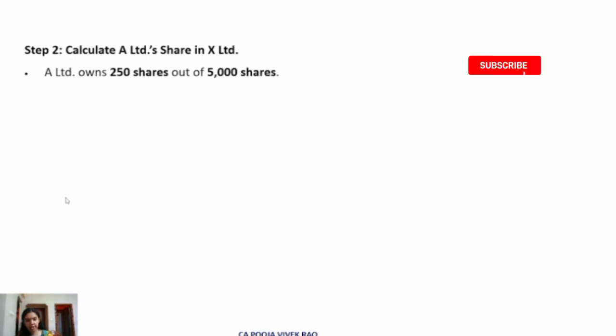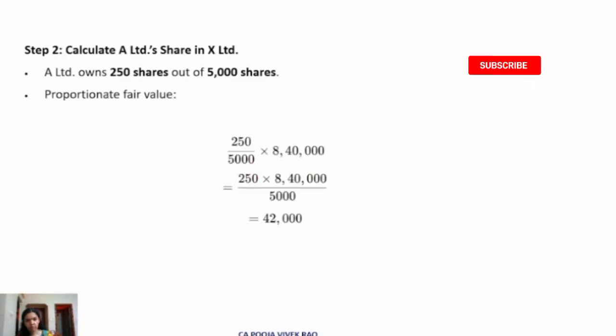Hence for 250 shares, the proportionate share value will be 250 into 8,40,000 divided by 5,000. That is 42,000. So the final answer is option B, rupees 42,000.